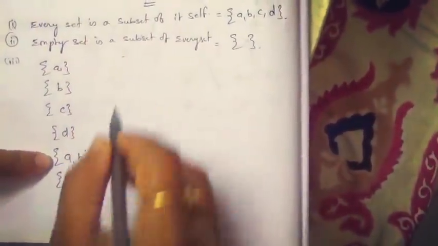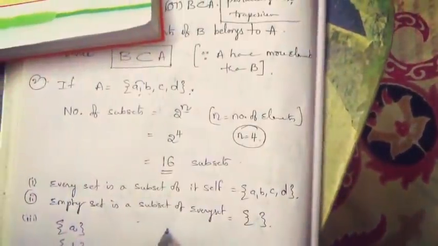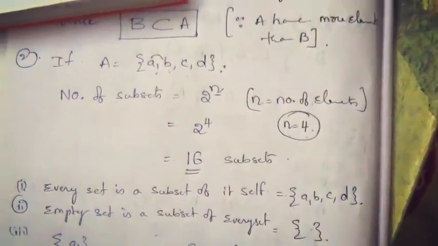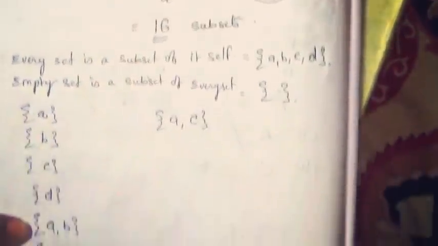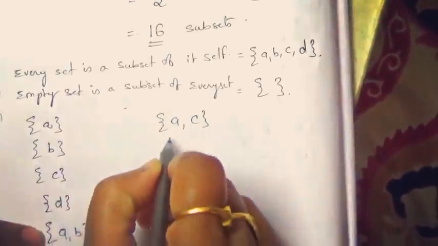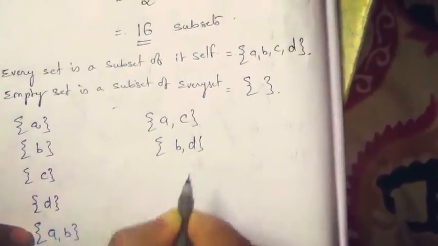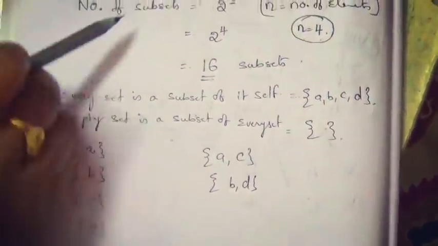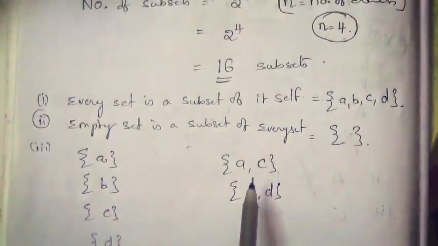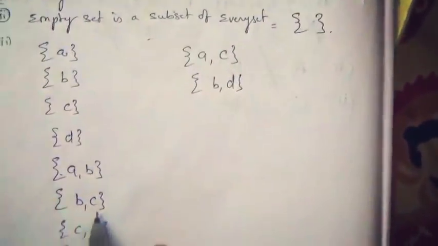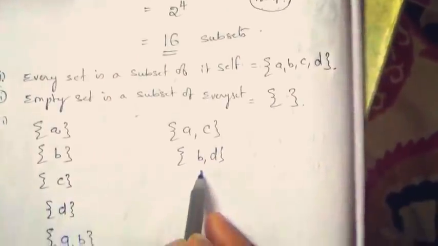AB, then AC also we have to write, then AD we already wrote. Then BC, BD. Look here: AB, AC, AD, BC, BD and CD are completed.